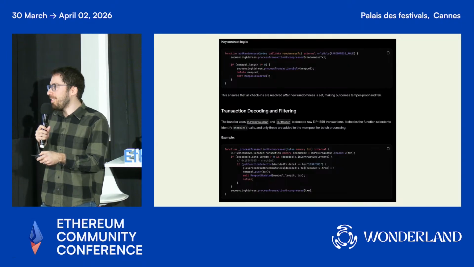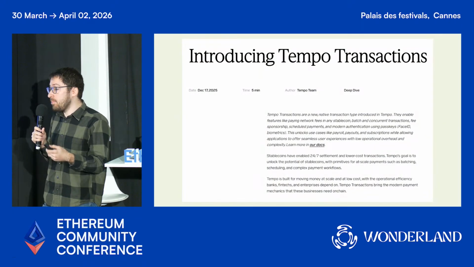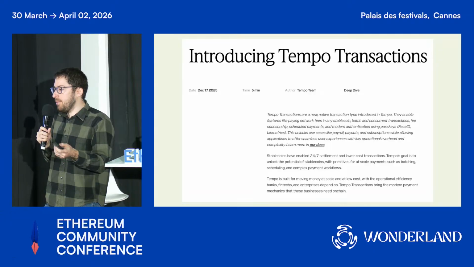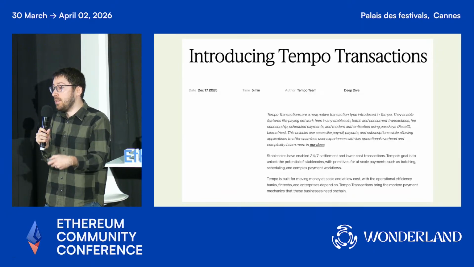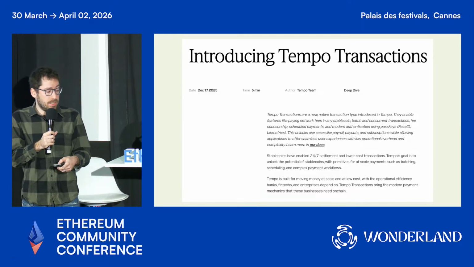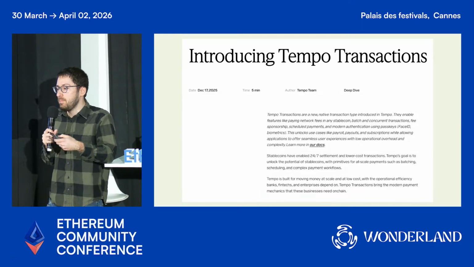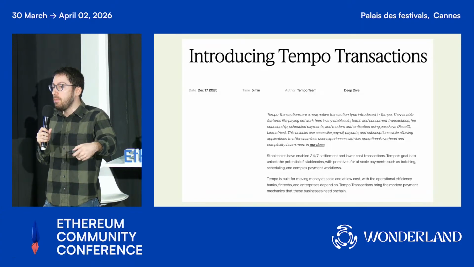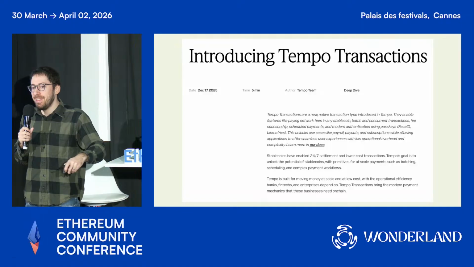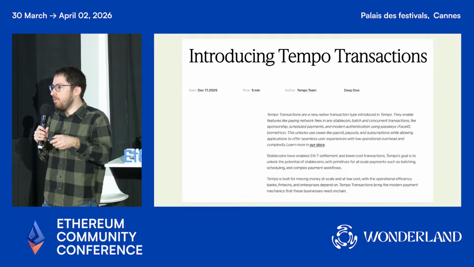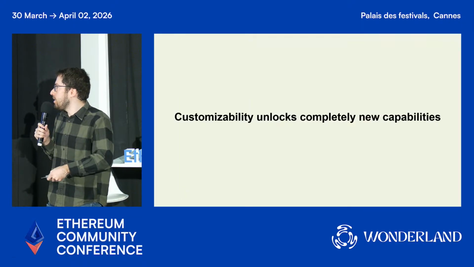I'm happy to chat about that after. And Tempo has these custom transaction types that we talked about. All of these are ways to differentiate because you cannot just be a standard EVM chain anymore. That game is likely won. I always hesitate to make predictions, but it's likely that Base has won for generalized EVM L2s.